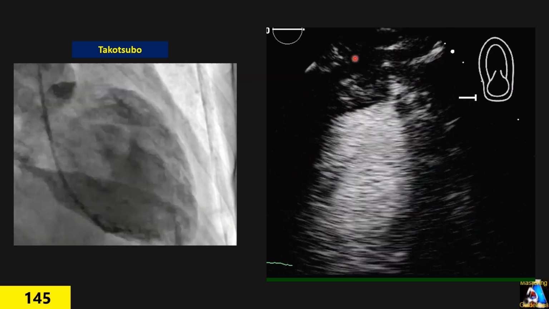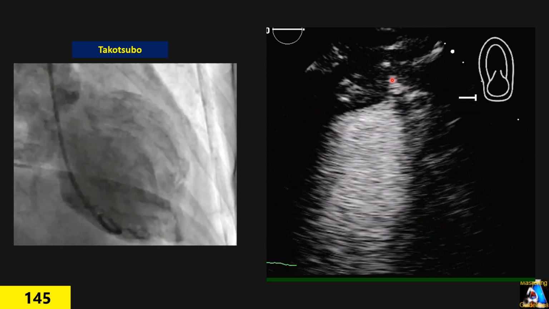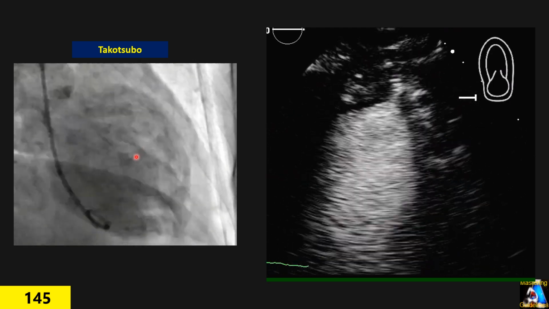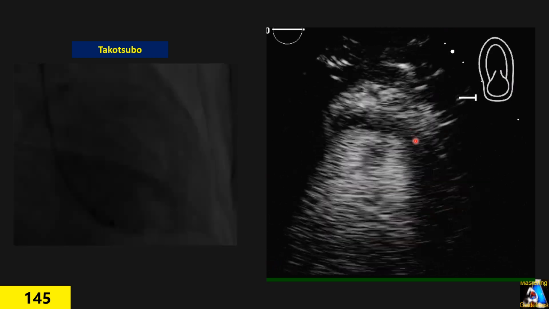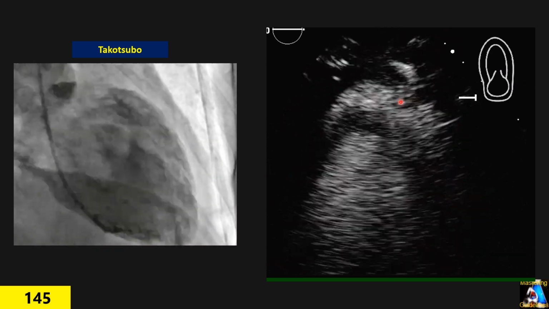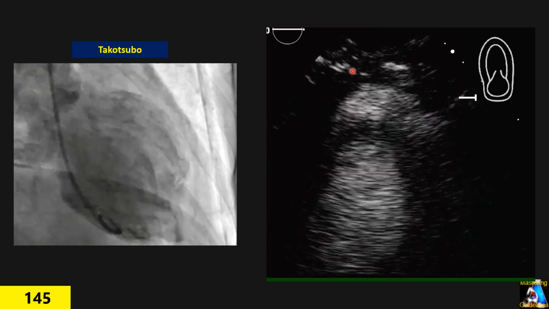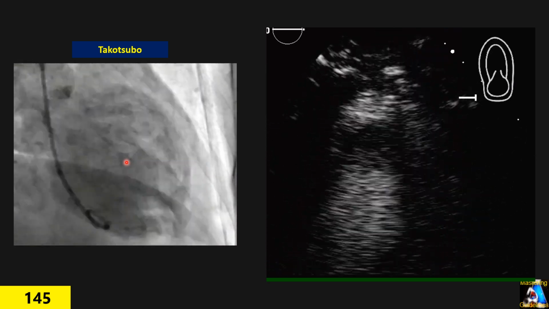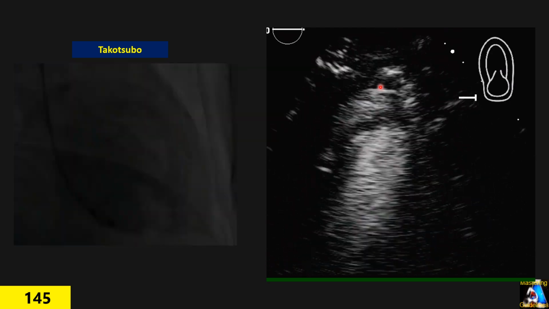During systole, this part looks like bulging. Based on this pattern the doctor gave this impression, because the contrast dye in the ventriculogram goes all the way up to here, so it gives the impression of ballooning of the apex.